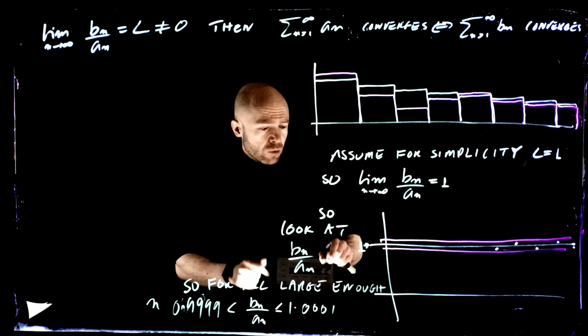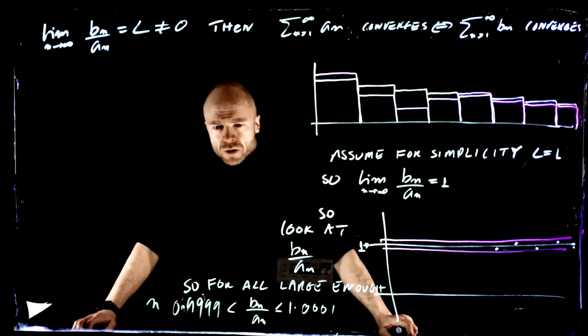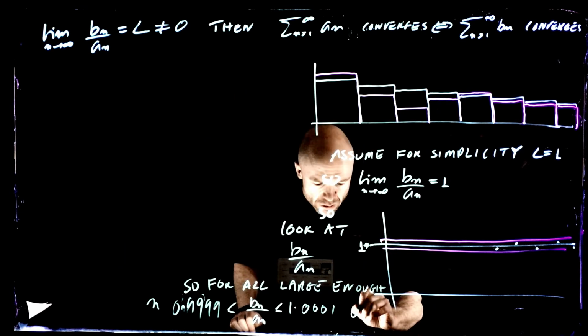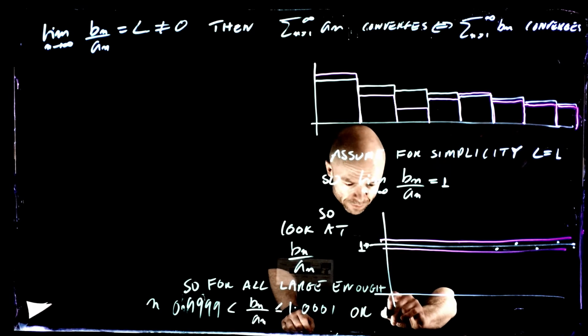So it really is the case that when we draw the picture, it's harder and harder to distinguish between these blocks. Are you all with me here? So, for any precision we want.